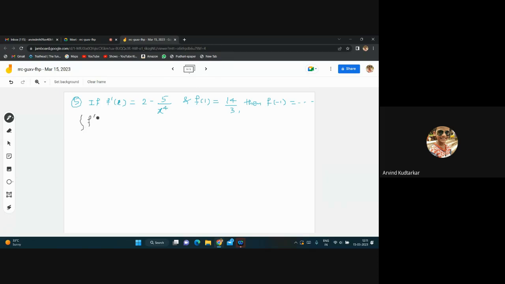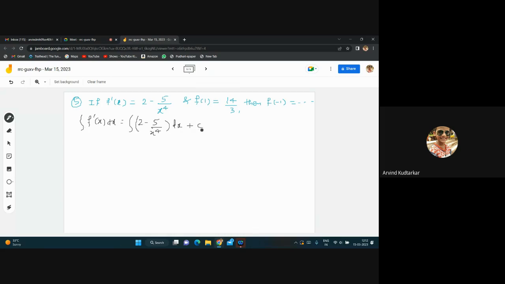Integration of f dash of x with respect to x equals integration of 2 minus 5 upon x raised to 4 into dx plus c, where c is constant of integration.